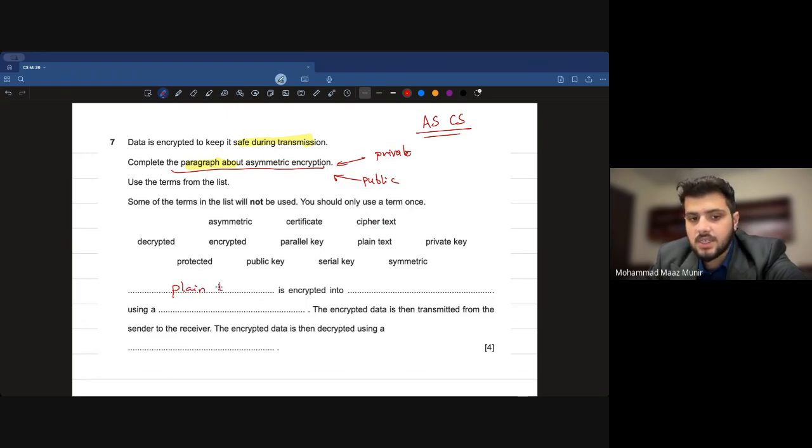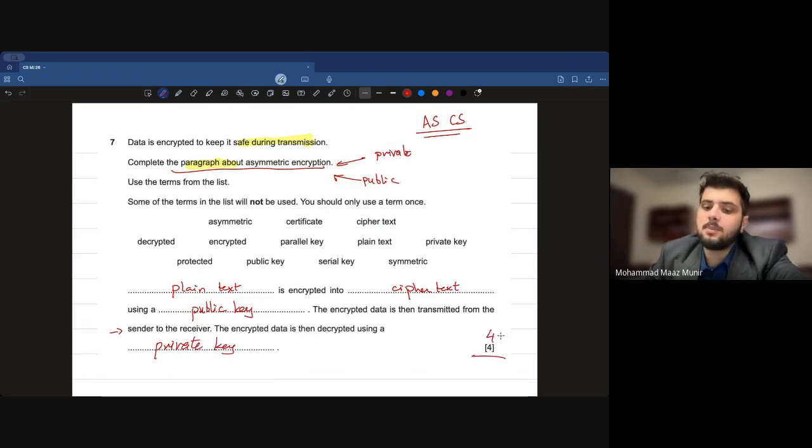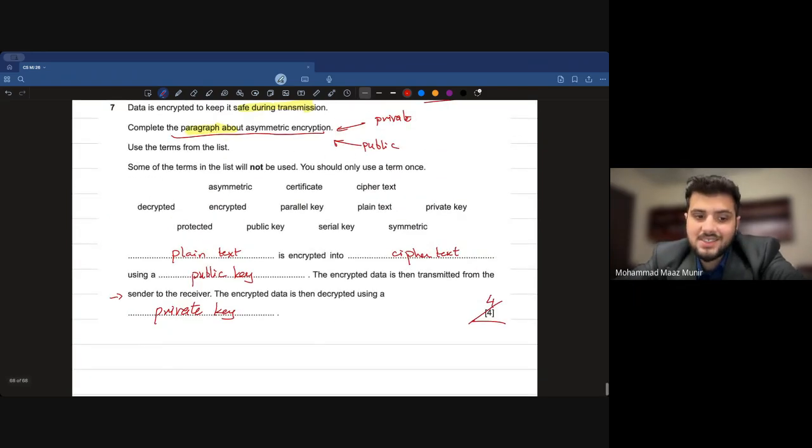So the plain text is encrypted into ciphertext using, because it's asymmetric encryption, a public key. The encrypted data is then transmitted to the receiver, who decrypts it using his or her own private key. And this is how you get a perfect 4 on 4 on such an exam paper question.